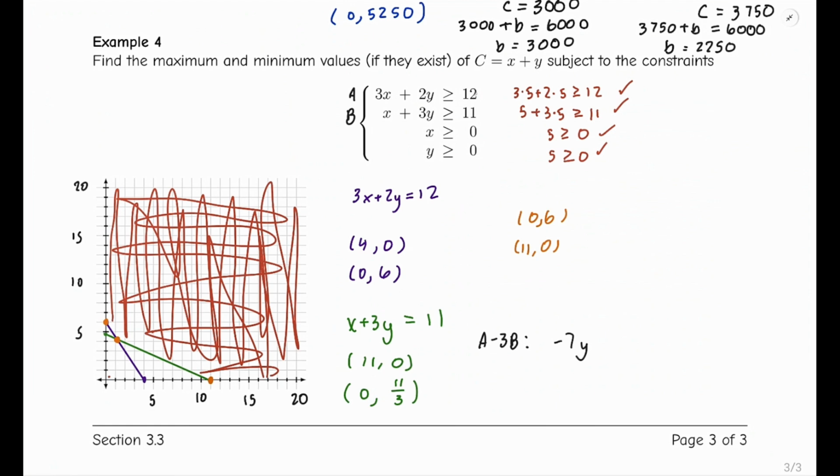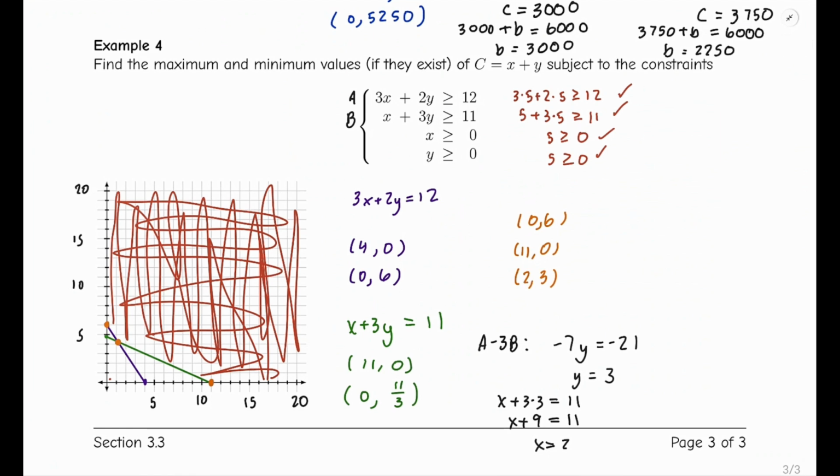And then 12 minus 3 times 11, -21. Divide by -7, we get y is equal to 3. Plug it back in, we get x plus 3 times 3 equals 11. Get x plus 9 is equal to 11, so we get x equals 2. So that was correct. It's (2, 3), not (1, 4).